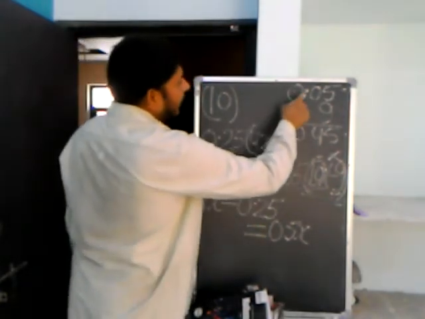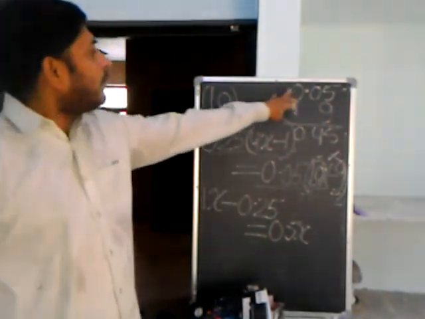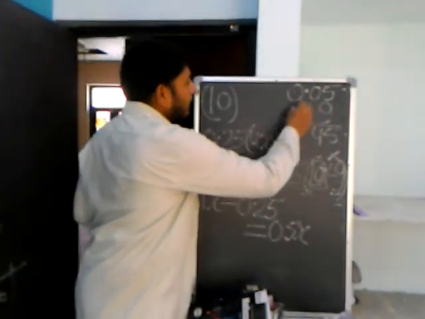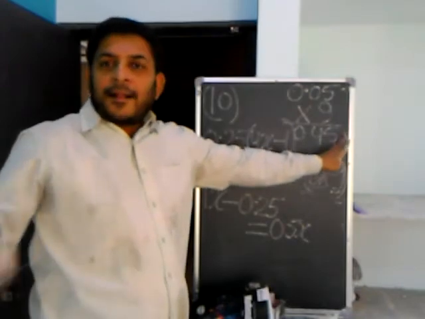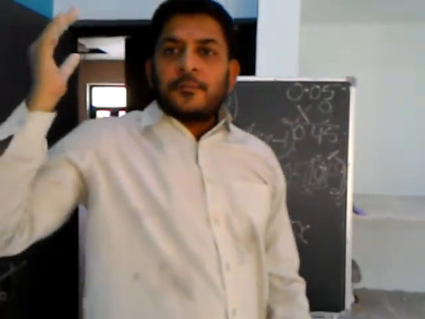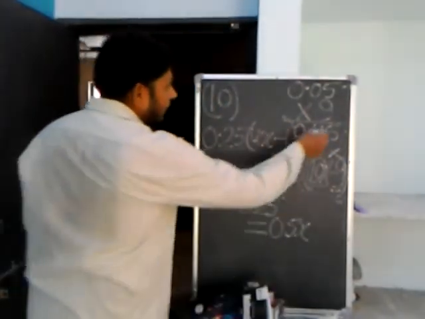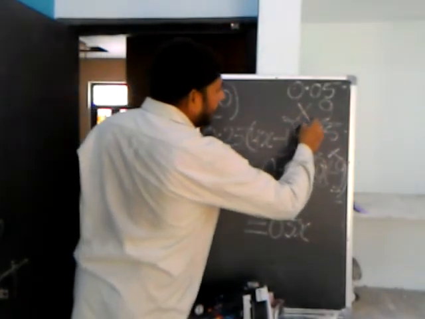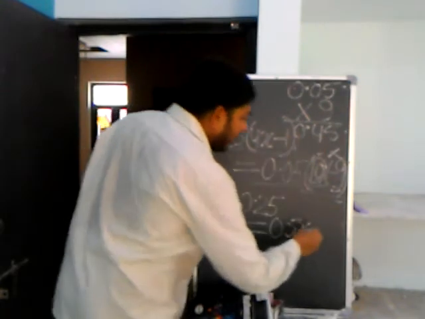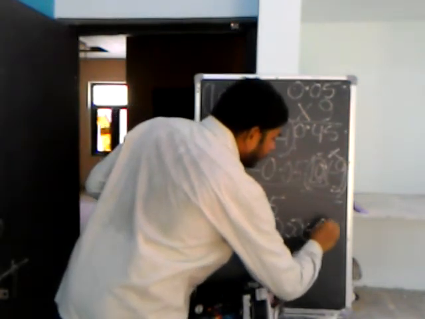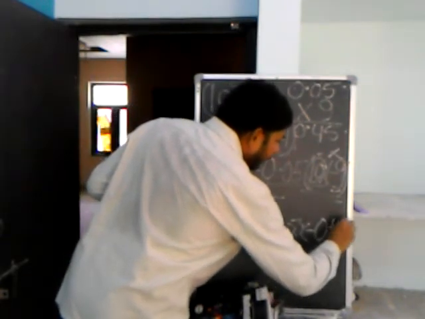Here again I have two digits after the point sign, 0 and 5, so I count two digits from the right hand side and place the point sign, so it becomes minus 0.45.